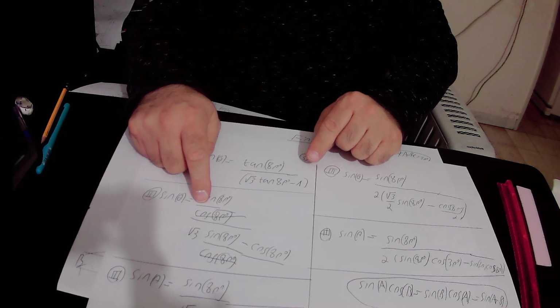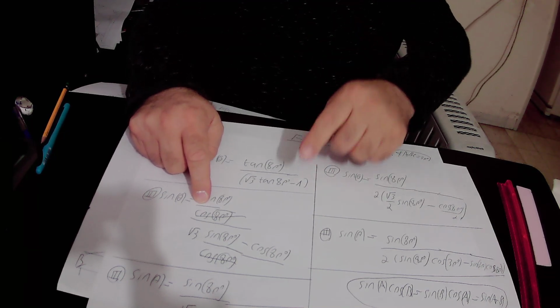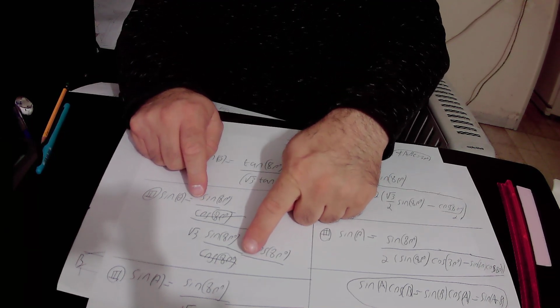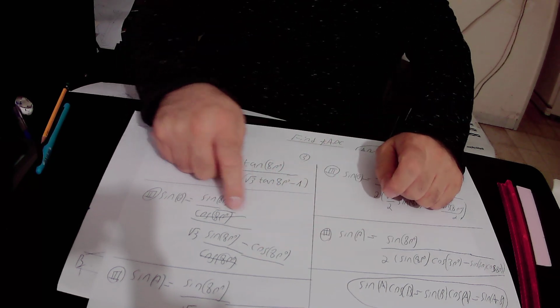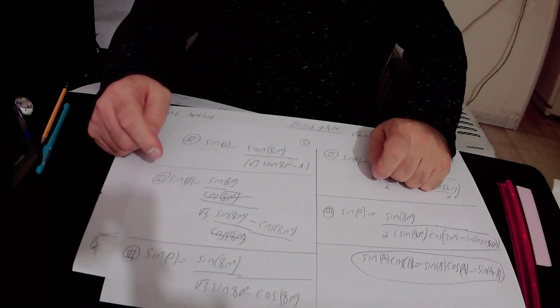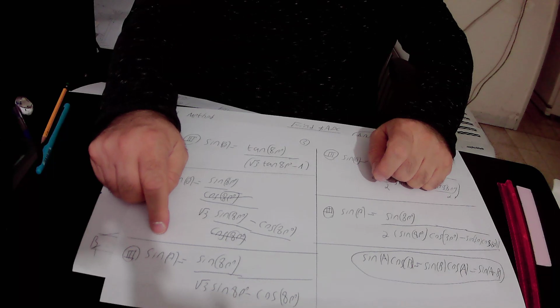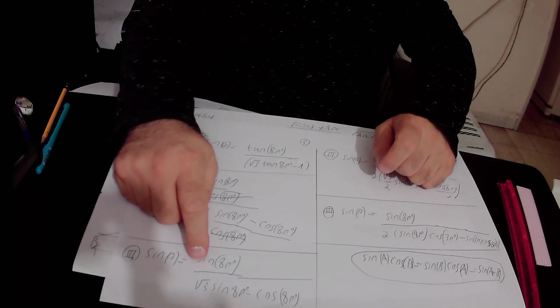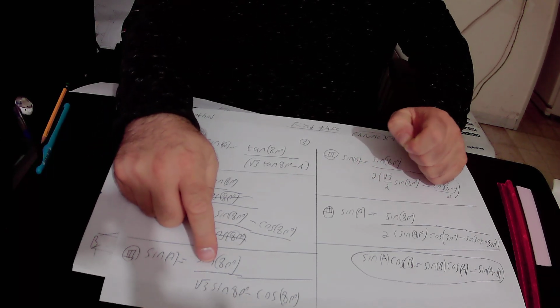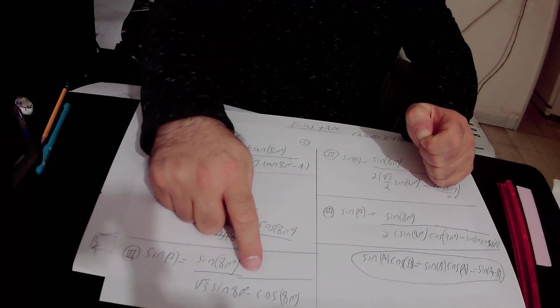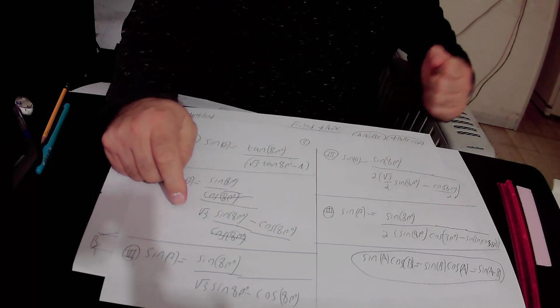Here we have cosine 80 degrees in the numerator and cosine 80 degrees in the denominator, so cosine 80 degrees will get cancelled, and we are left only with sine theta that equals sine 80 degrees over square root of 3 times sine 80 degrees minus cosine 80 degrees.